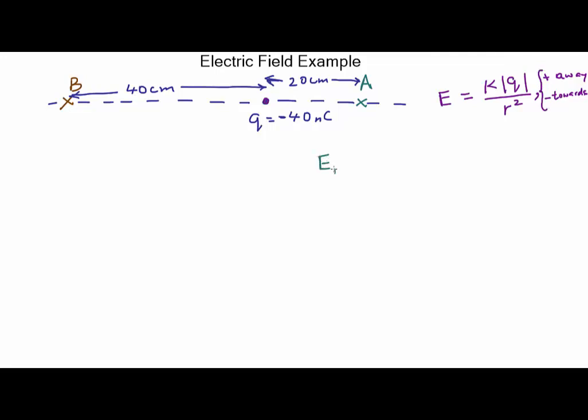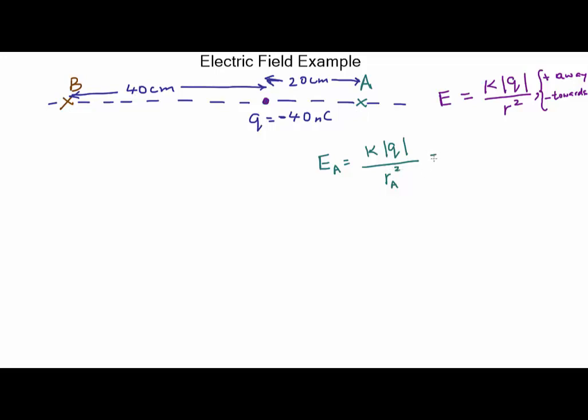EA is the electric field at point A, and that would be equal to the Coulomb constant K times the magnitude of the charge that's at the center from which we want to know the electric field, divided by the distance from that charge, and let's call this RA for point A, squared.